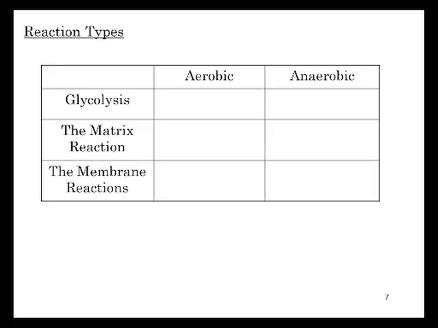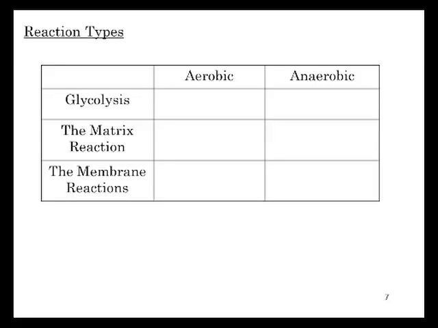All right. What we're going to find when we look at these groups of reactions is that some will be aerobic, some will be anaerobic. Meaning some have to occur with the presence of oxygen, some do not. Glycolysis, which is simply glyco meaning sugar or glucose, lysis to break down.